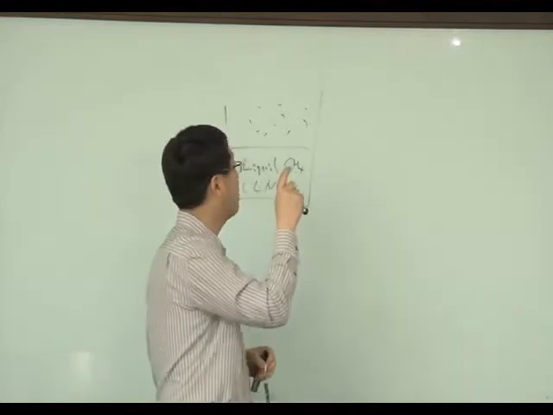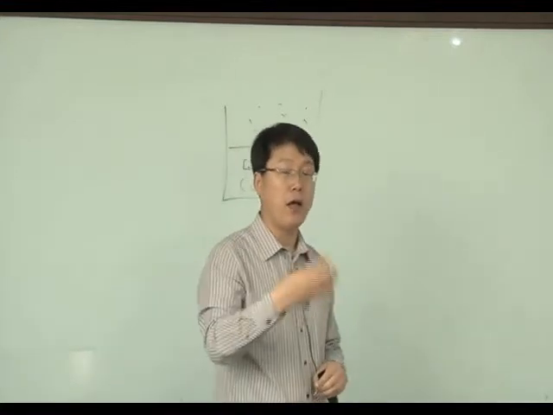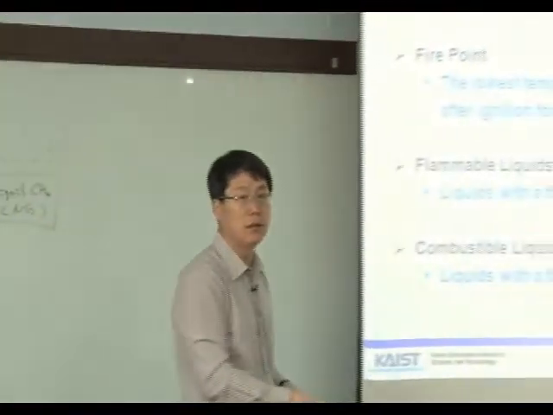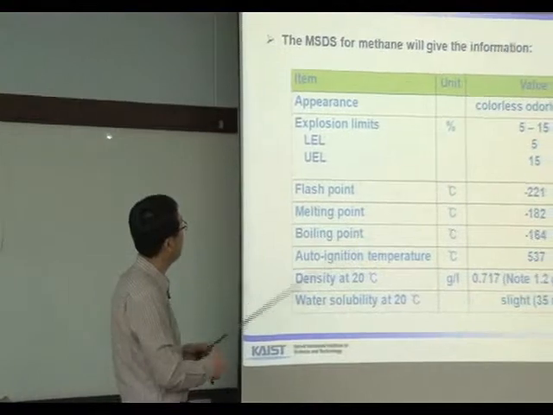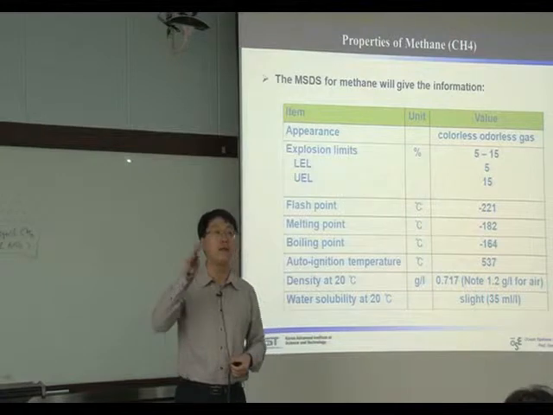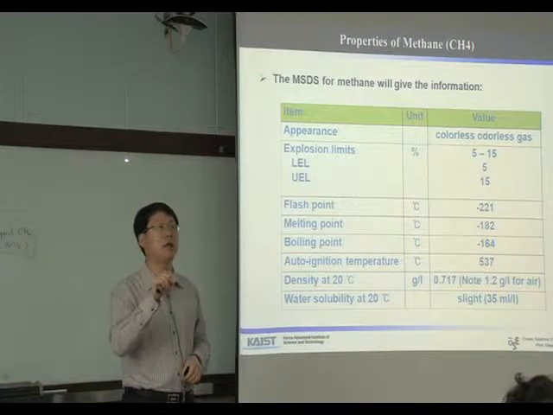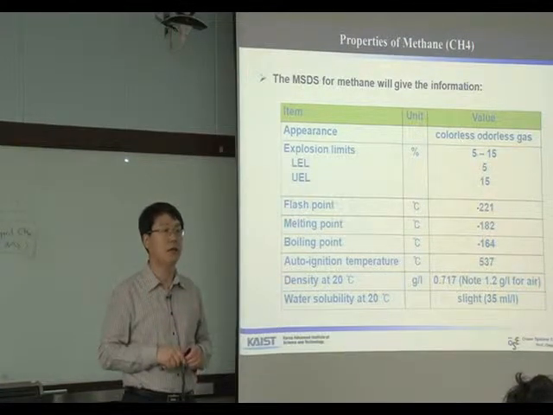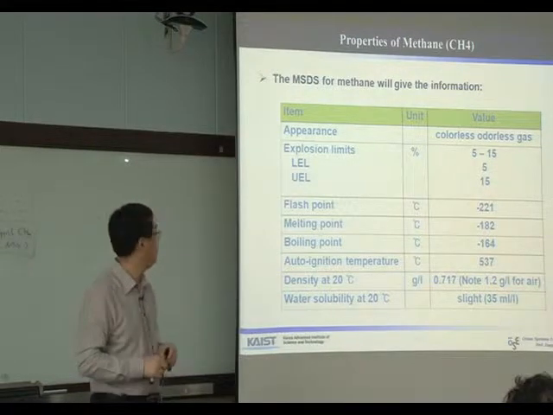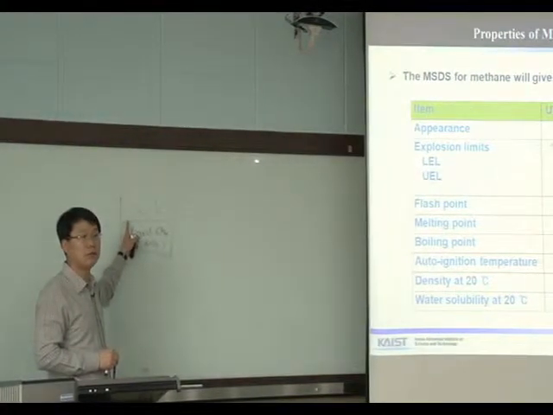If we give a spark to this mixture, we can have a flame. That temperature is the flash point. So the flash point is minus 221. Below that temperature, even though we put some flame, the flame cannot sustain. The flame will disappear because the vapor pressure is not enough to sustain it.